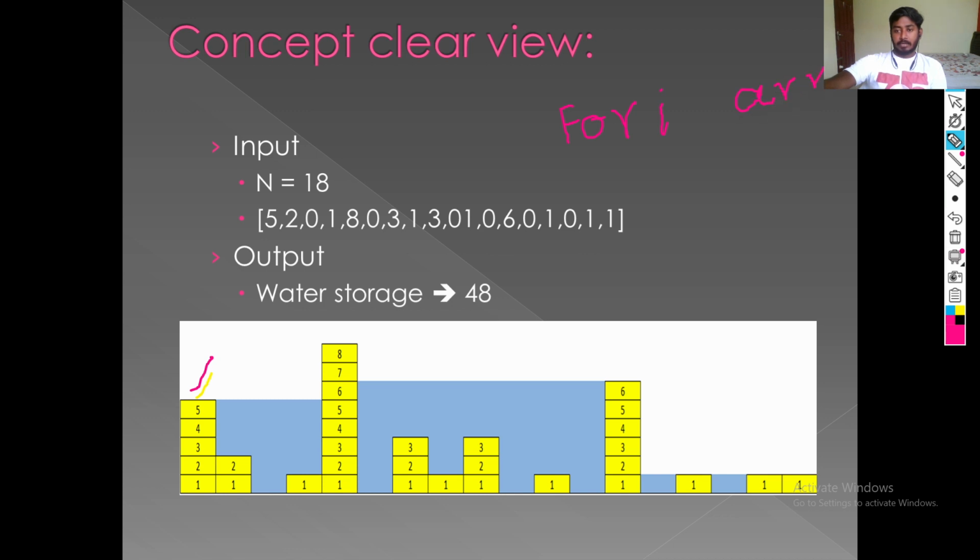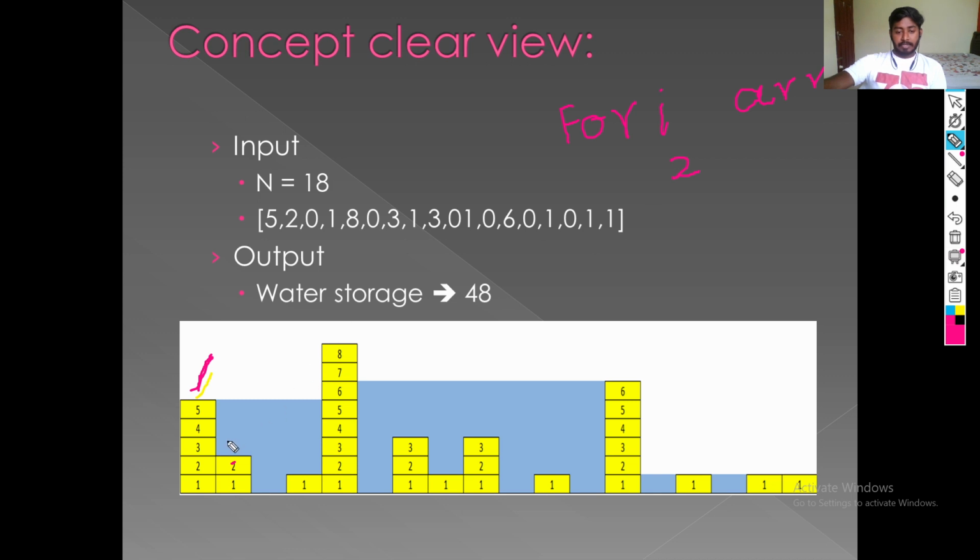When we reach this element, we see that it is the beginning of the list, so we are not going to consider it. If we come to 2, what we said is we just have to find the left max as well as the right max.